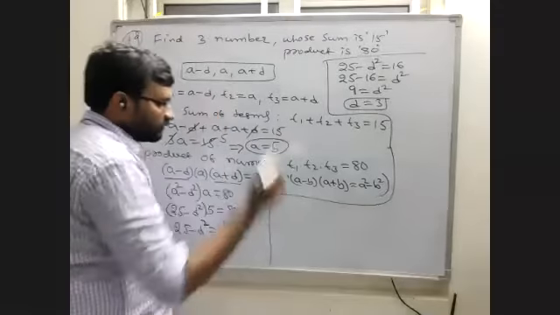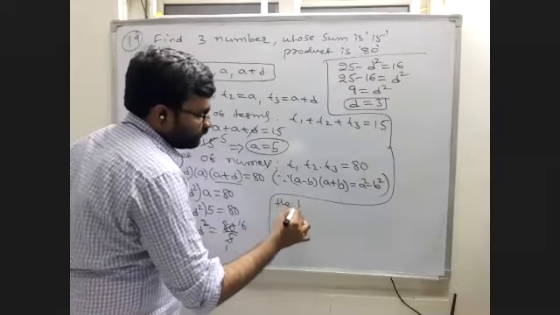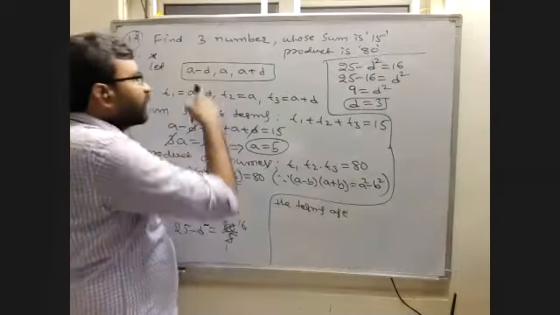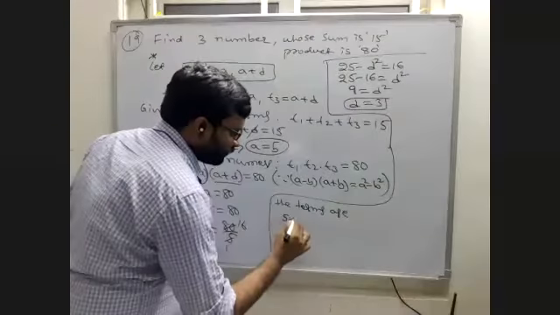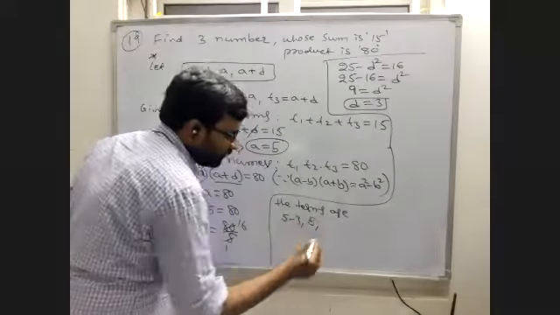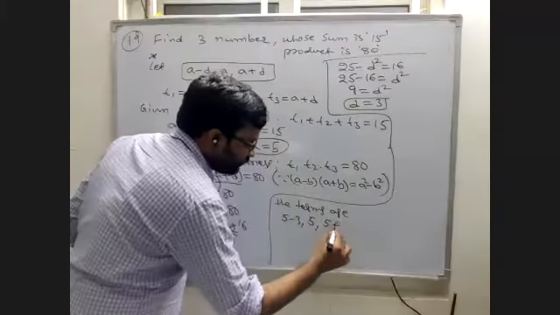The terms are what? A minus d, 5 minus 3, comma, a, 5, comma, a plus d, 5 plus 3.